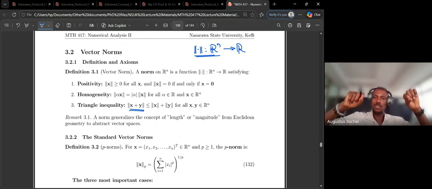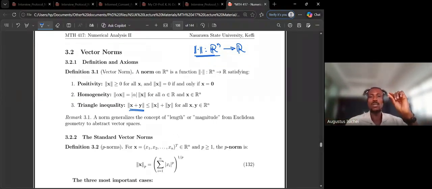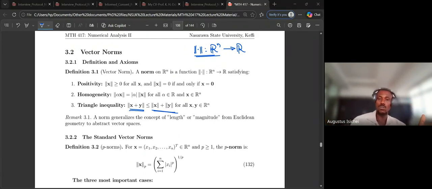Is the answer you get always less than or equal to the sum of the norms of the two vectors, for all x and y in Rn? If these three properties are satisfied, then you can conclude that the function defined above that maps elements from Rn into R is a vector norm.